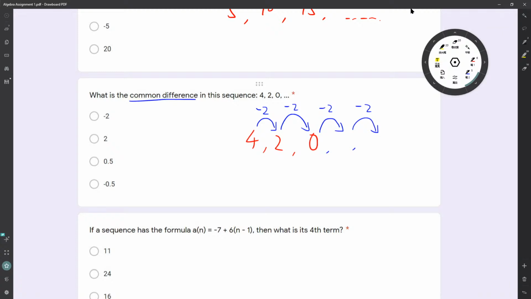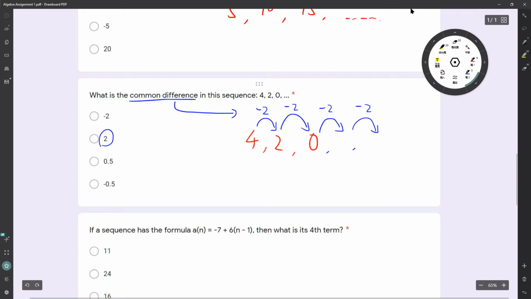And the common difference, is it 2 or negative 2? It should be negative 2 because it's decreasing by 2. So the common difference here is negative 2 because every term is going down from the previous. Some students might pick positive 2.